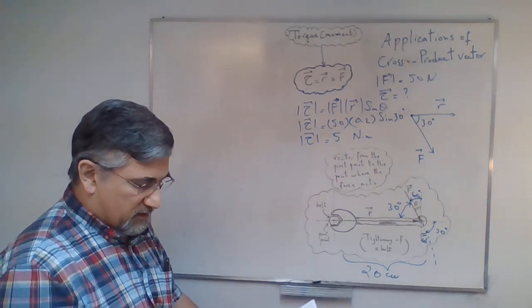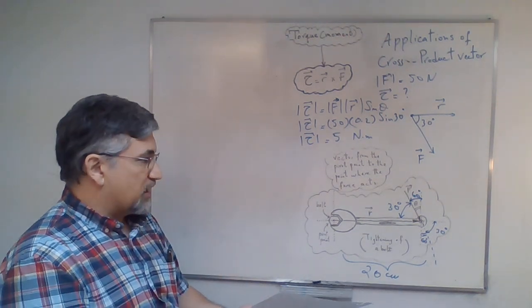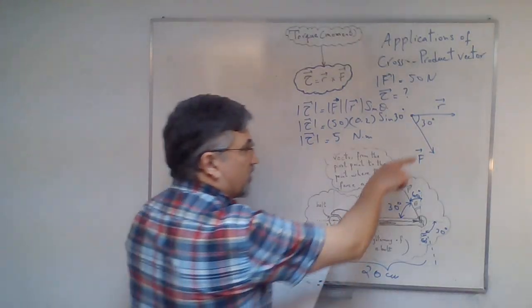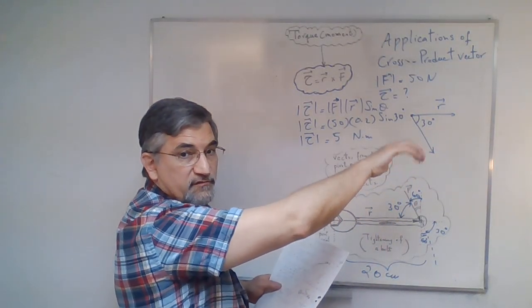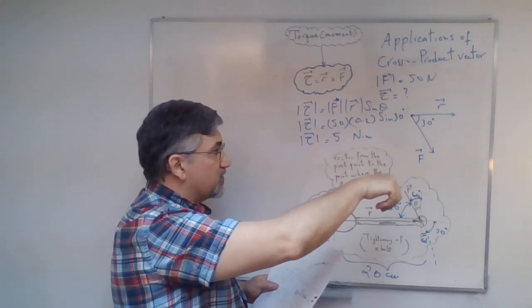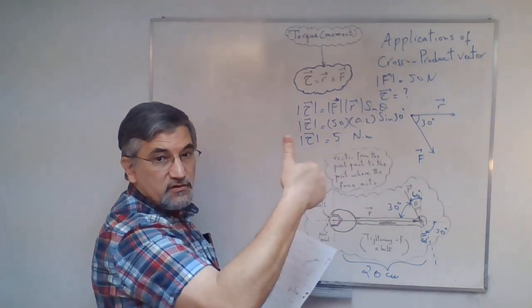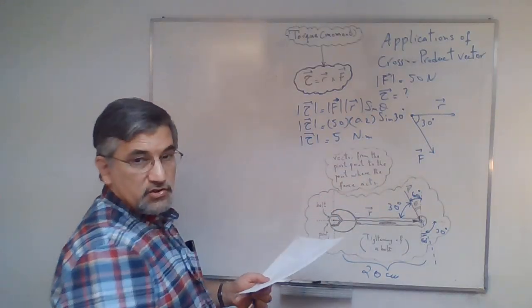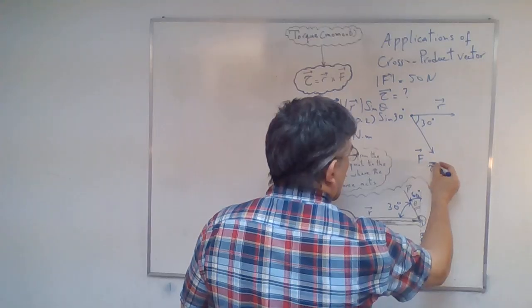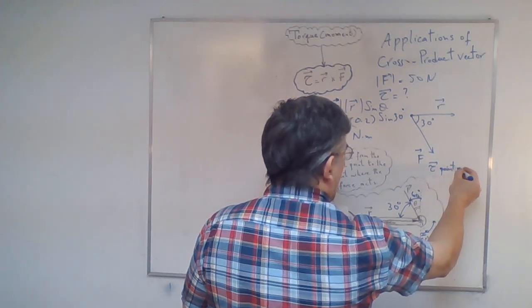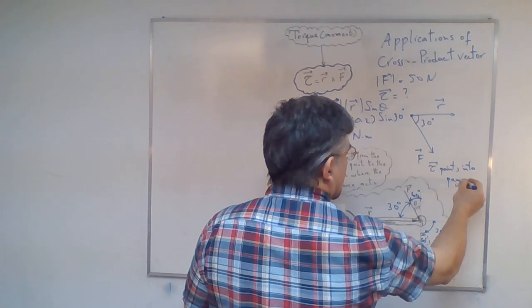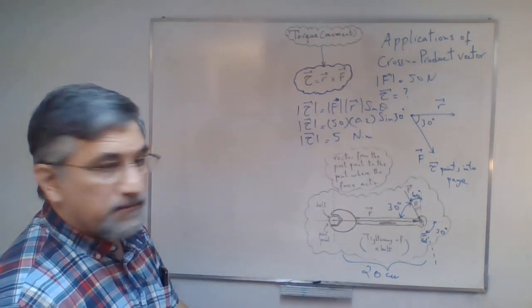And now we need to find the direction using the rule that we have learned, the right-hand rule. So we have R that way, curling your fingers towards F through an angle which is less than 180 degrees. It shows the direction of the thumb is into the page, right? So we're going to say that tau points into the page.